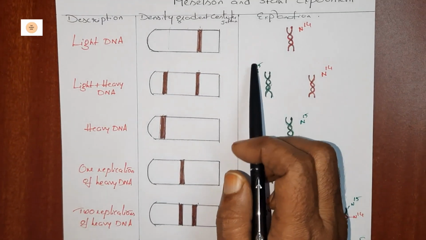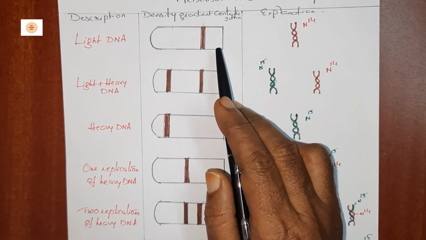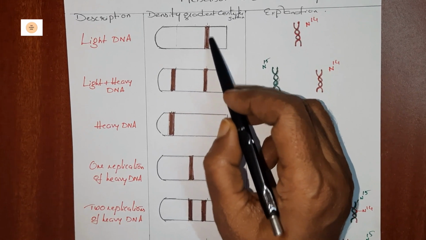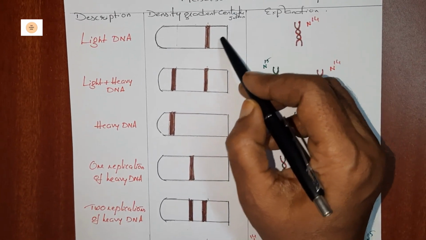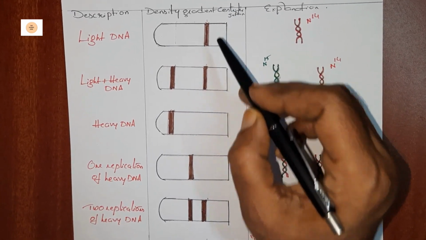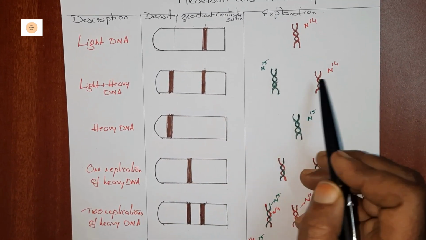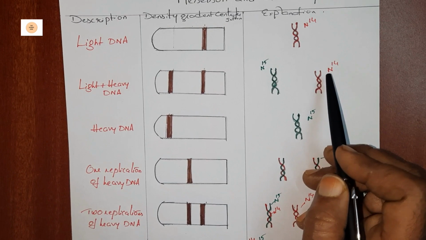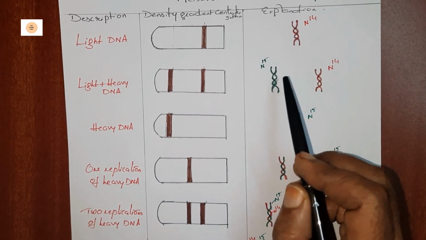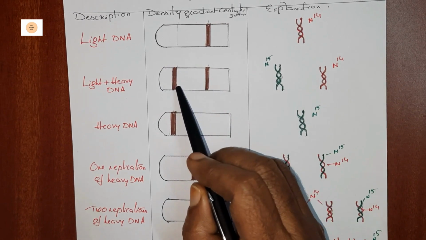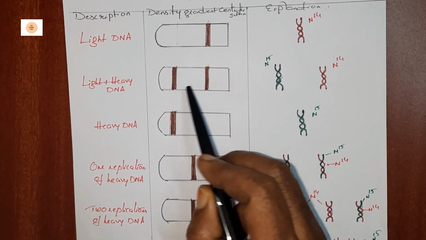Using density gradient centrifugation, when light DNA was used, the band is formed towards the mouth of the test tube. When the density gradient centrifugation is done with a mixture of N14 and N15, both light DNA and heavy DNA, this is light DNA and this green one is heavy DNA, we get two bands, one towards the mouth of the test tube and one towards the bottom.